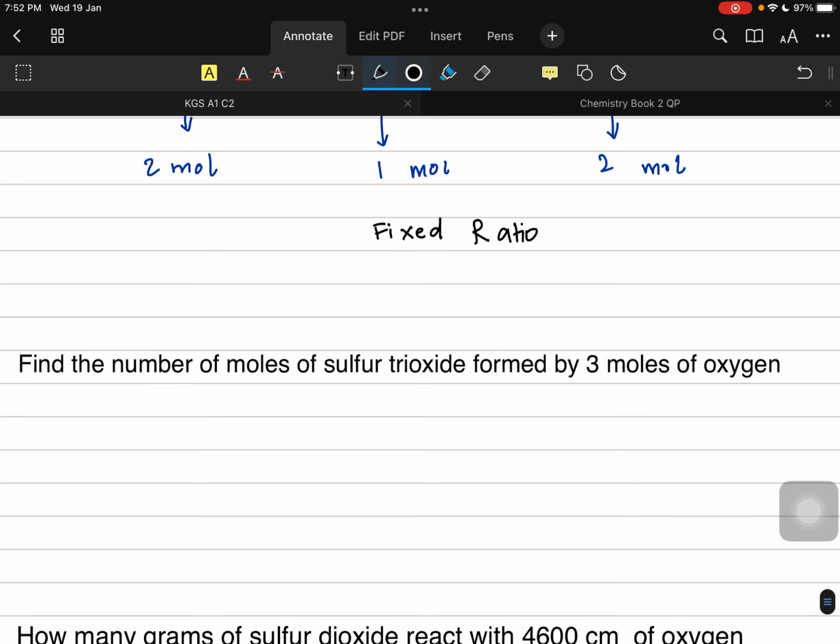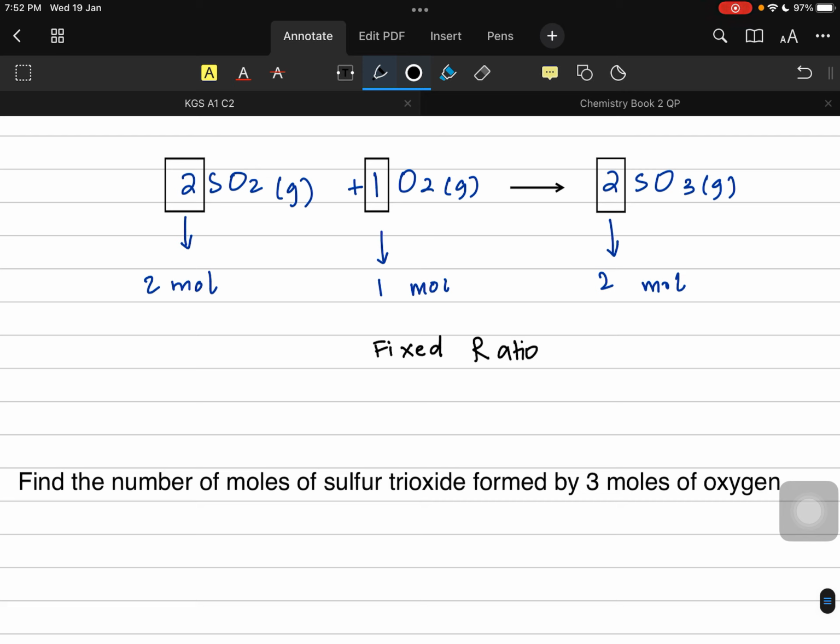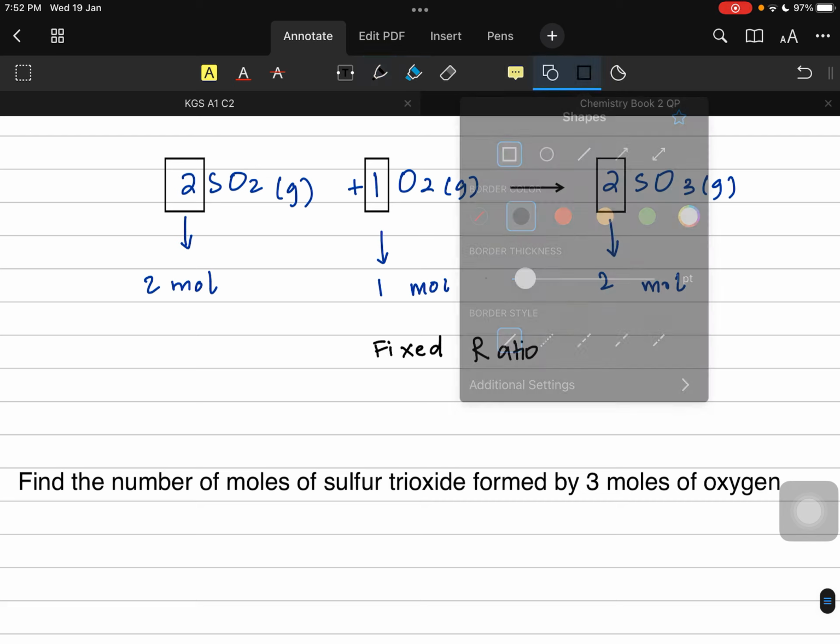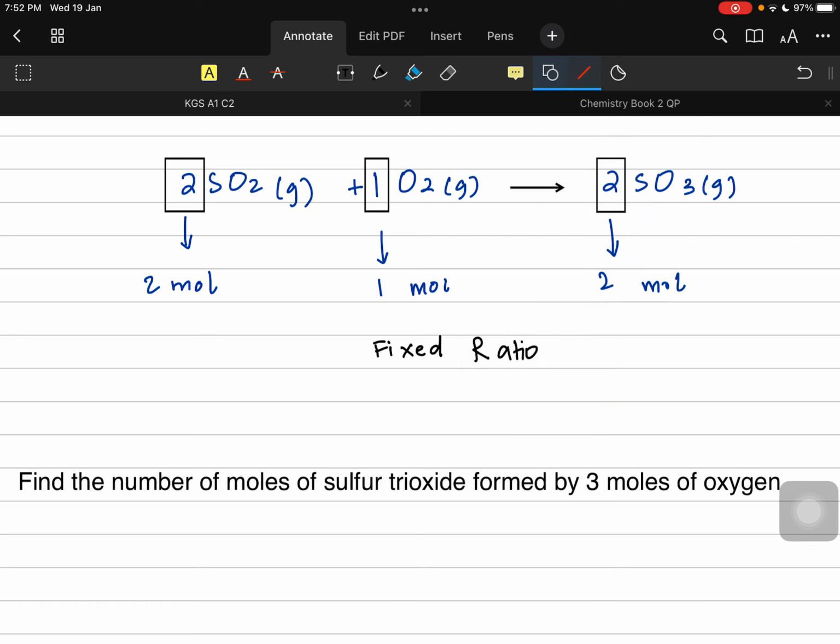We have a question over here that says find the number of moles of sulfur trioxide. So we are concerned with the number of moles of sulfur trioxide formed by 3 moles of oxygen. So we have over here oxygen moles equal to 3, and sulfur trioxide moles is an unknown quantity.